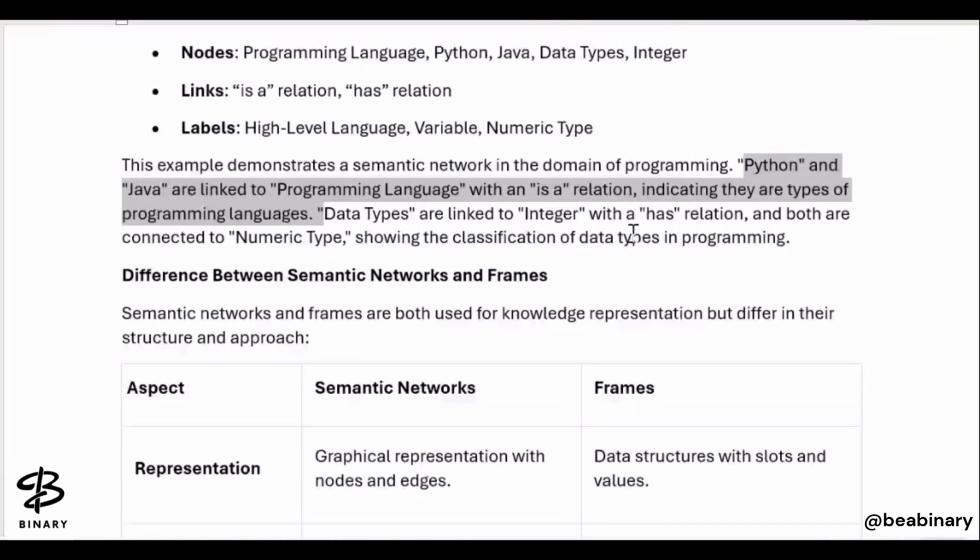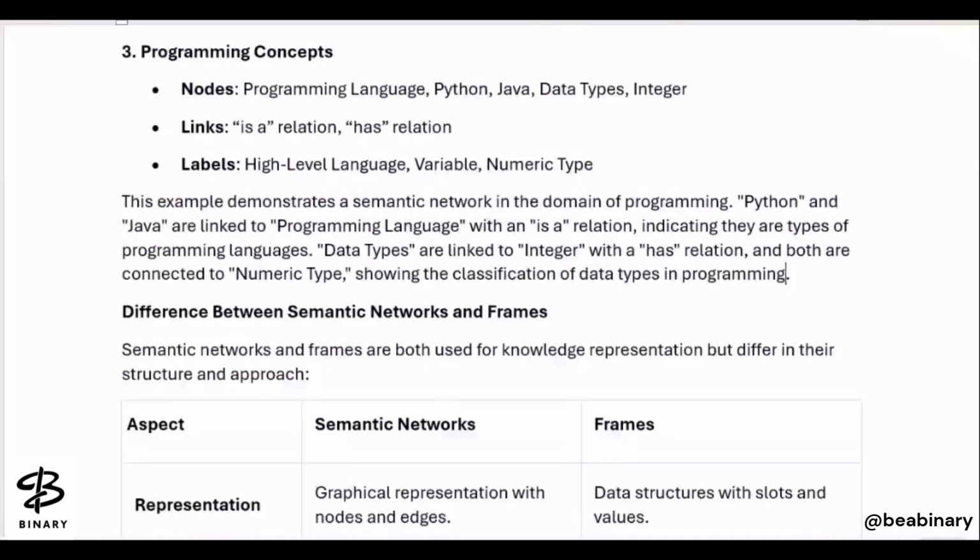Both are connected to a numeric type also, because an integer is a numeric type of data type, showing the classification of data types in programming. So again, this knowledge, which is specific to the domain of programming, will be represented by forming the semantic network in an AI system here.